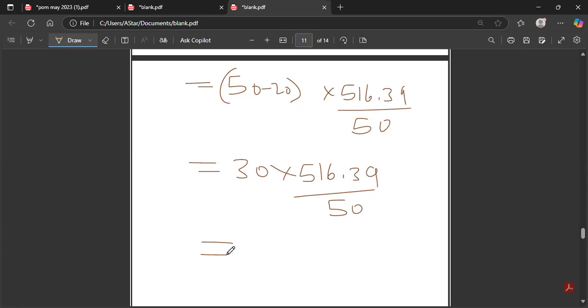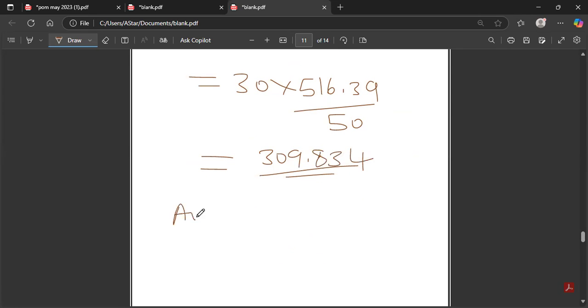What is our maximum inventory? 30 by 516.39 divided by 50 is 309 point what? 834. All together. So average inventory.